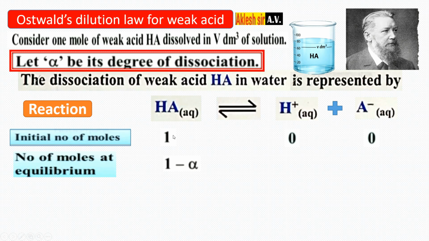The part which gets dissociated forms H plus and A minus, so each is alpha moles.